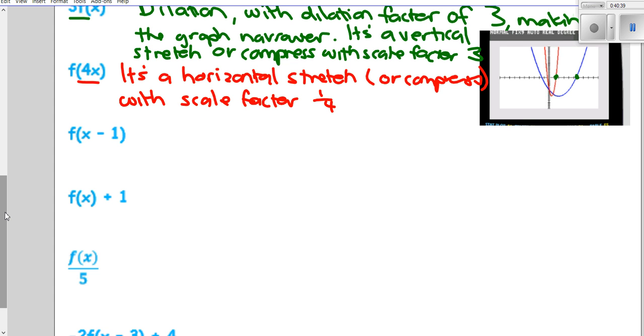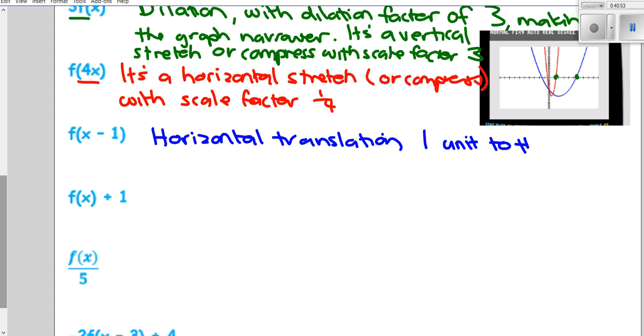So a simple one is horizontal shift, horizontal translation, say shift, whatever. Another way you can say it is a horizontal translation, 1 unit in the positive x direction, meaning 1 unit to the right. If it was to the left, you'd say 1 unit in the negative x direction.